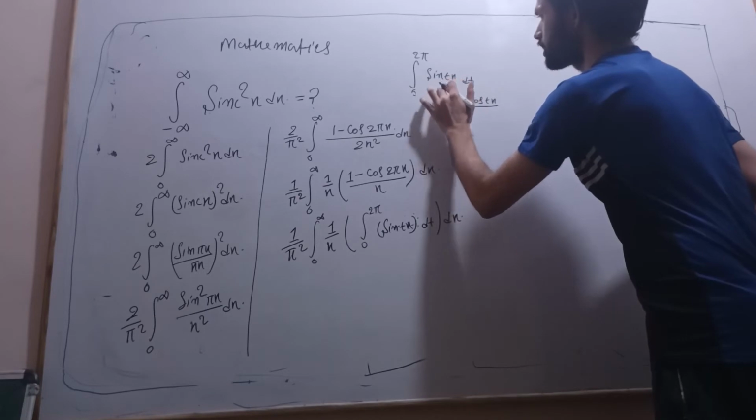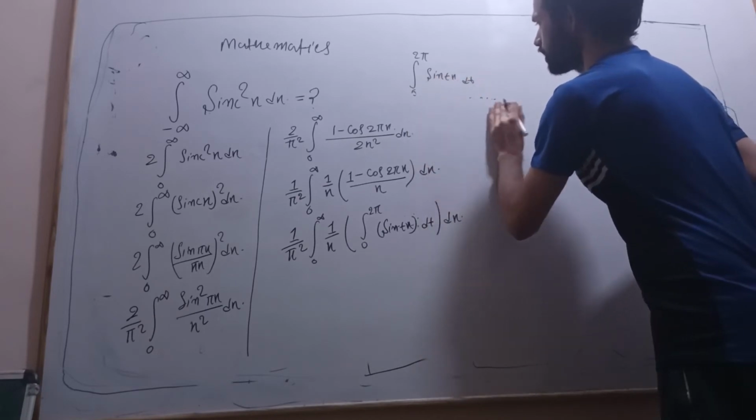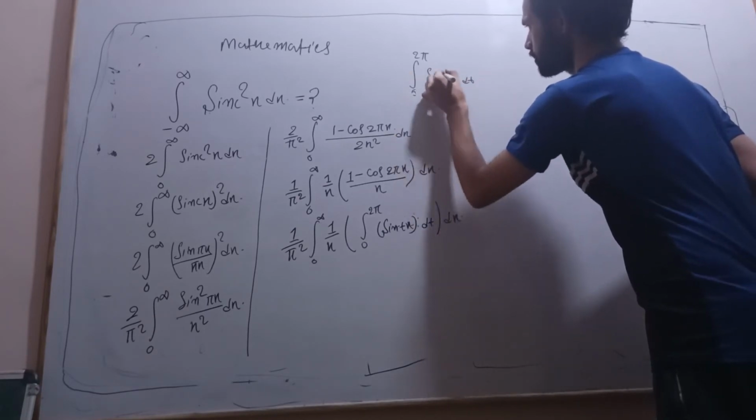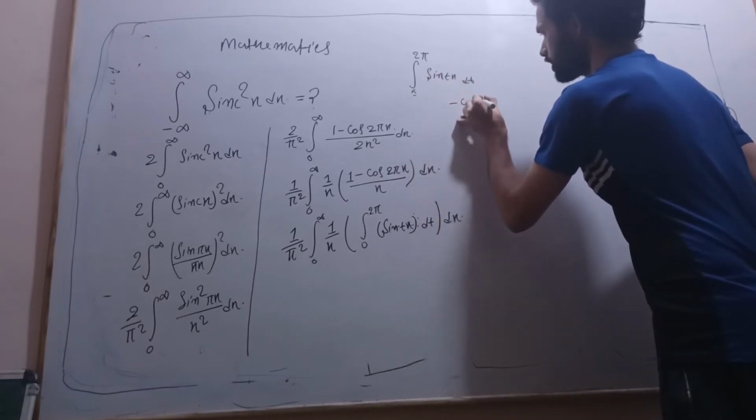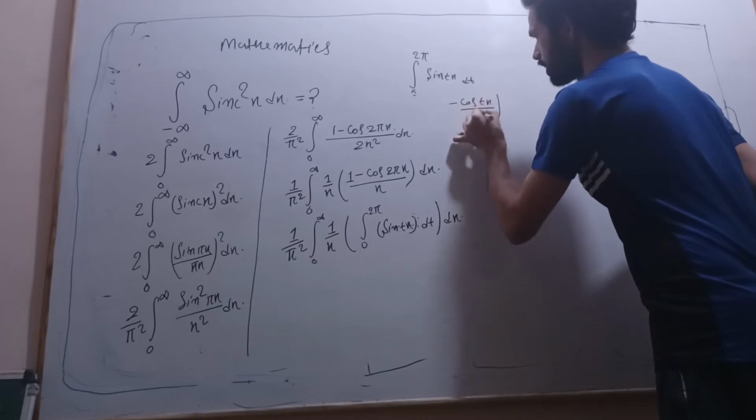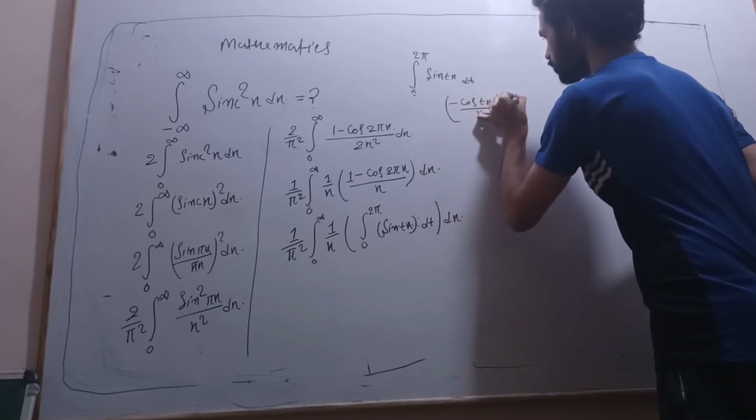When you integrate this sin tx dt, the integral of sin tx is nothing but minus cos tx divided by x, with limits 0 to 2 pi.